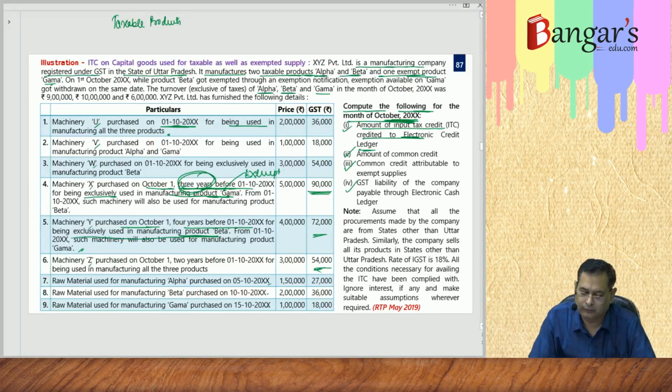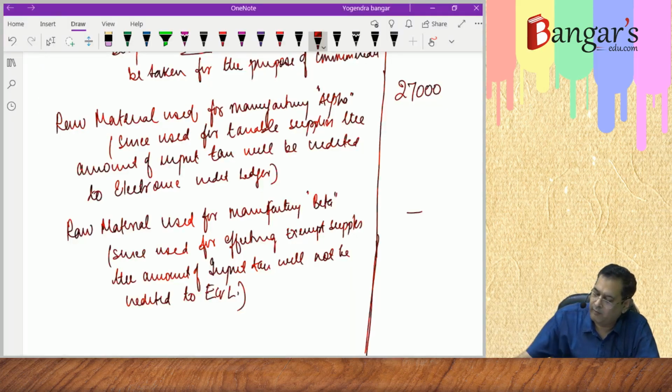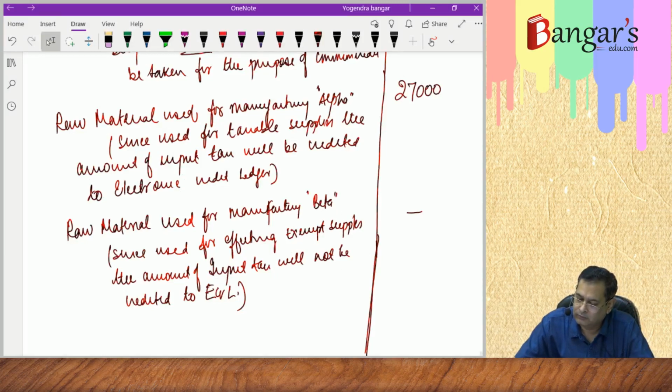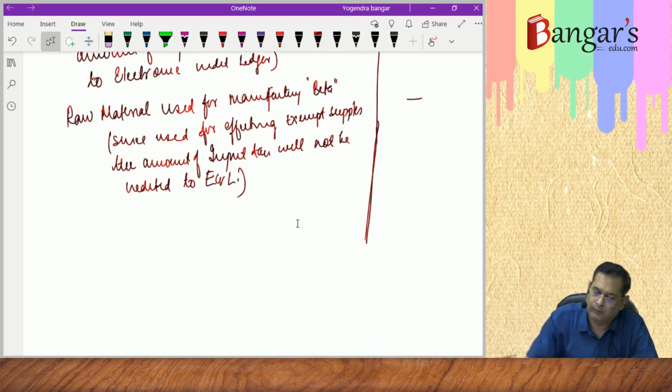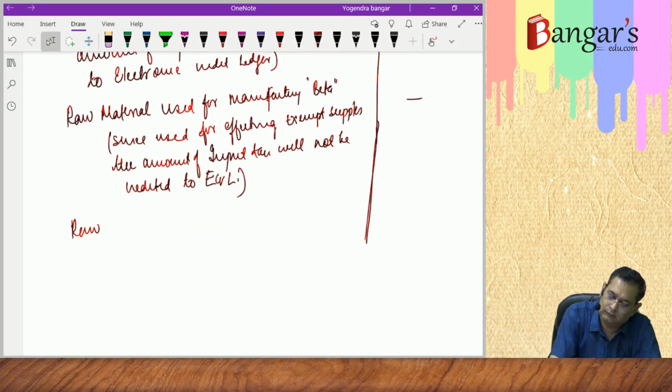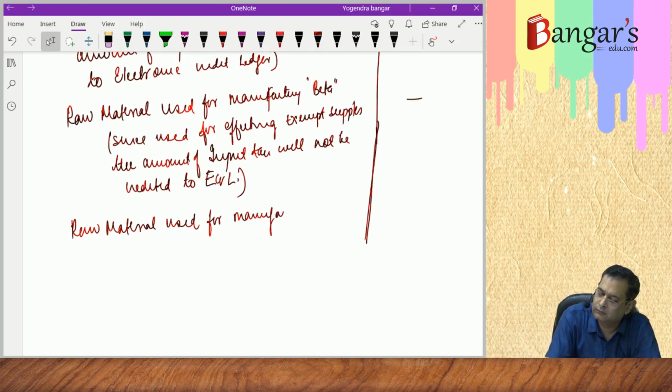Next is raw material used for manufacturing gamma. What will happen for this?